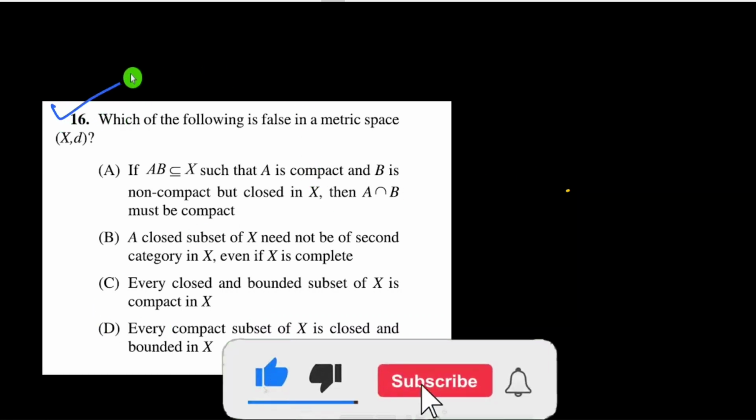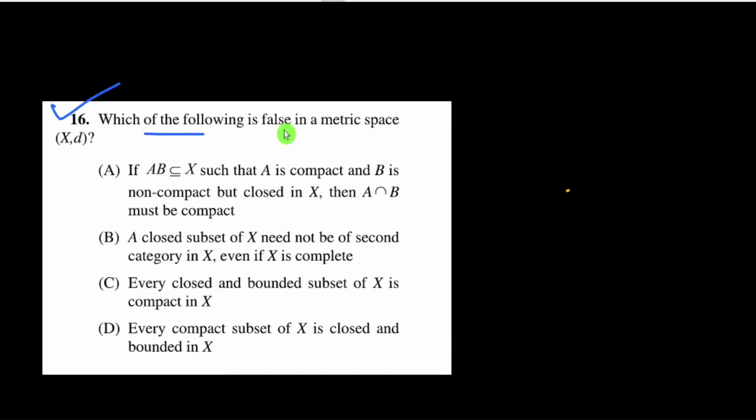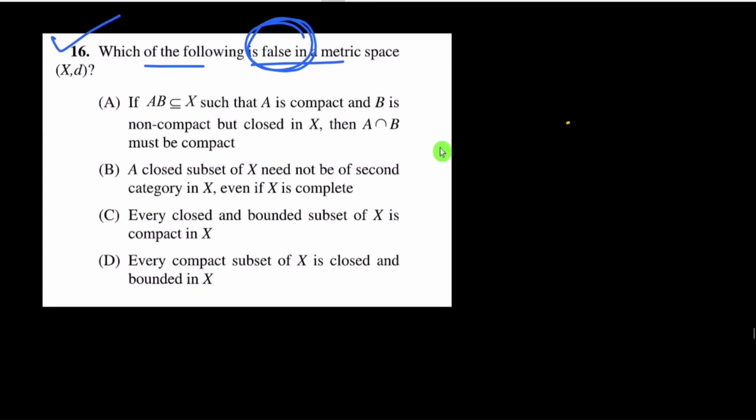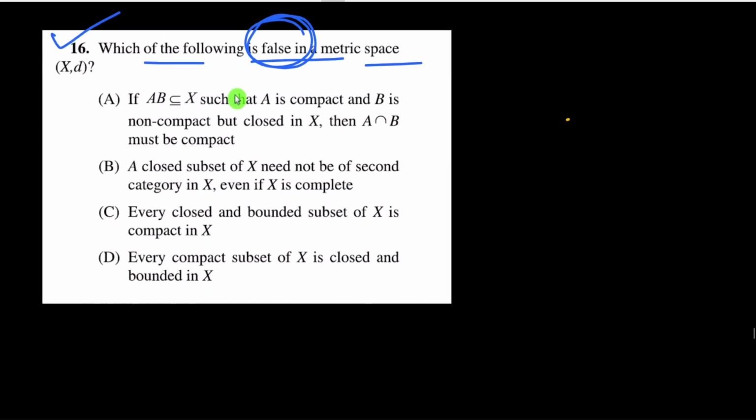Question number 16 says: which of the following is false in a metric space. We have to find the false statement among these 4 statements in the metric space (X, d). The first result is: A and B, I think it will be a comma here, such that A is compact and B is non-compact but closed in X. Then A intersection B must be compact.